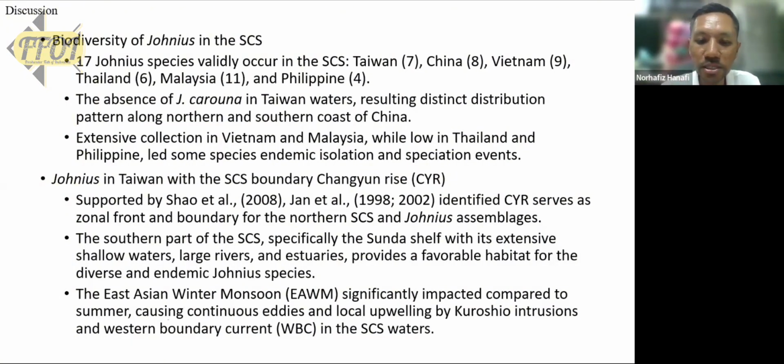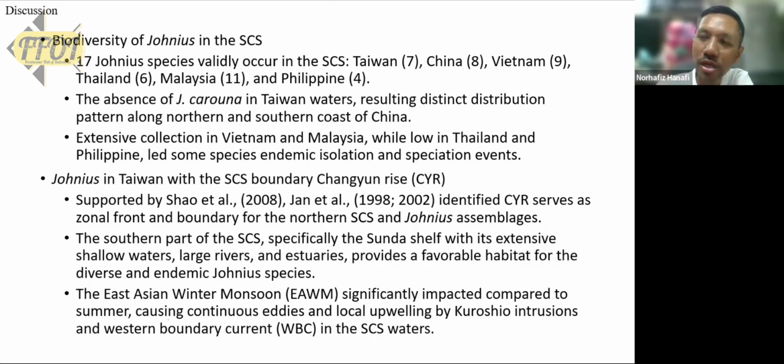So some species actually due to the monsoon, they call it the East Asian winter monsoon, because you have to bear in mind, ikan ni, ikan coastal. Bila dia ikan coastal, they easily affected by the current, so they will disperse larvae by the current.